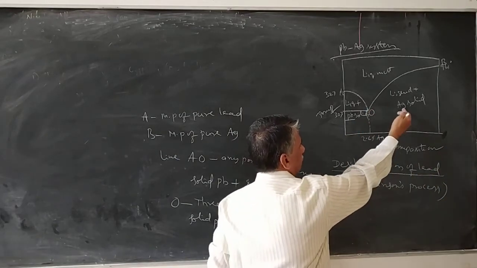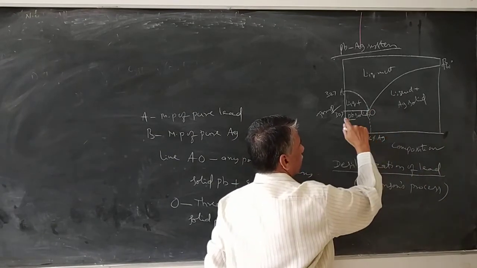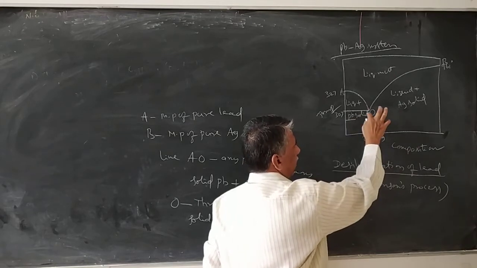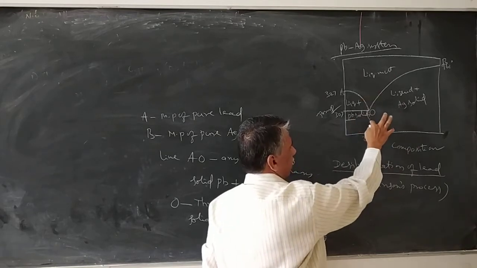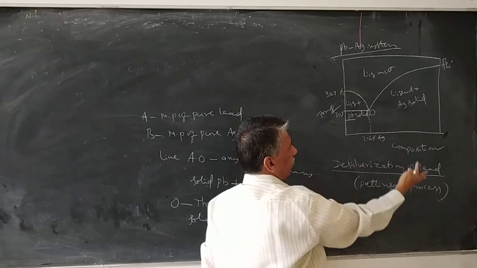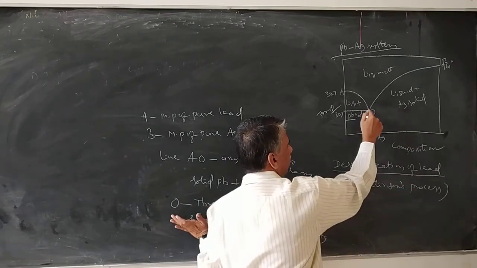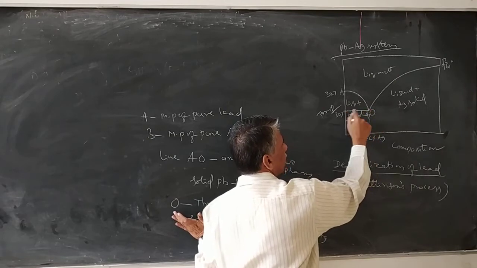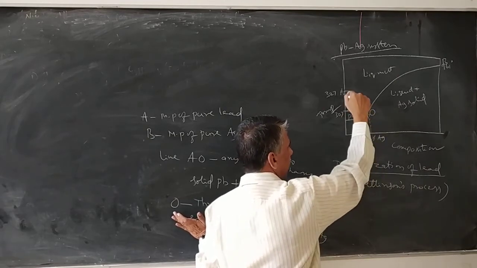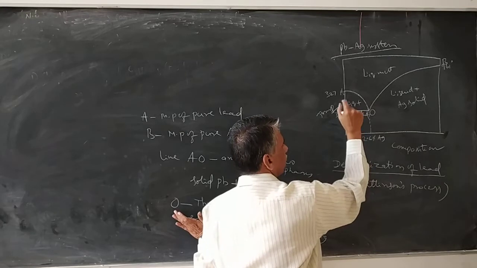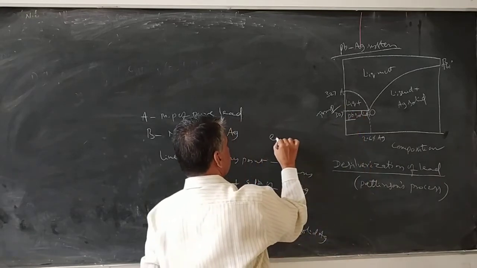Further addition of silver to lead does not decrease the temperature. Therefore this is the minimum temperature attained in the diagram, and this temperature is called eutectic temperature.